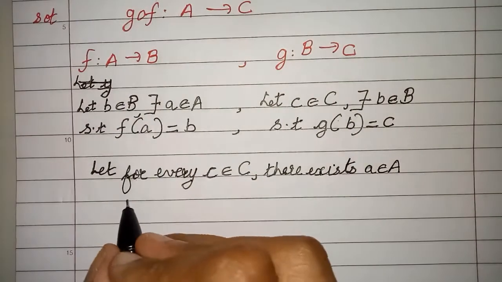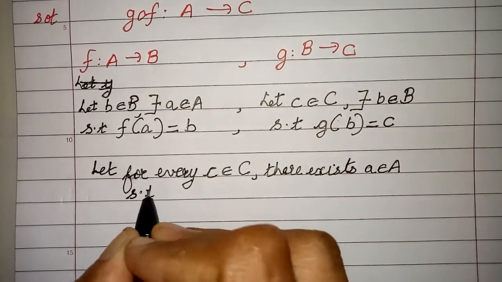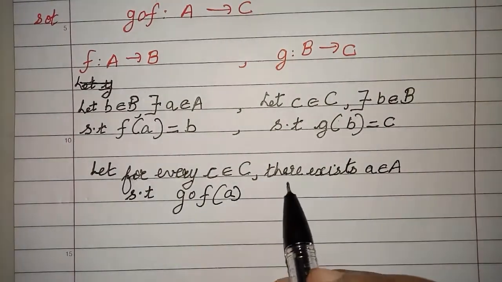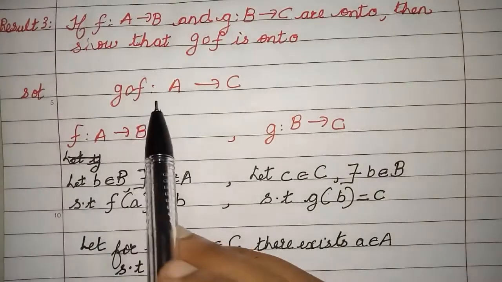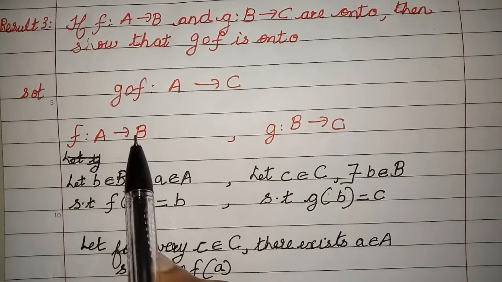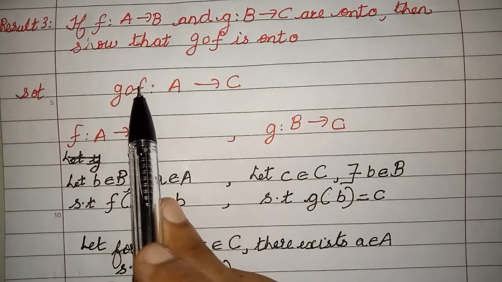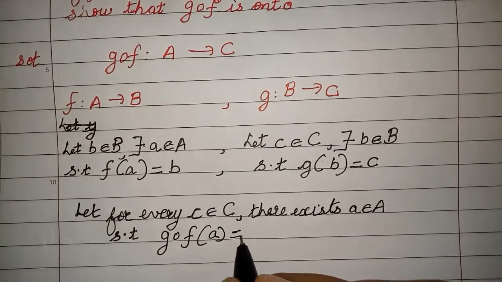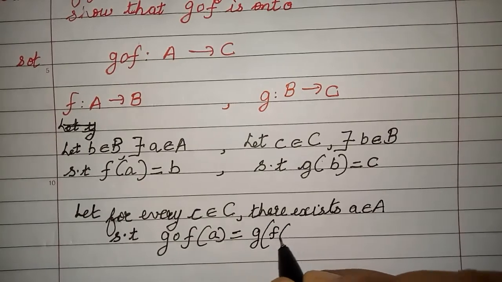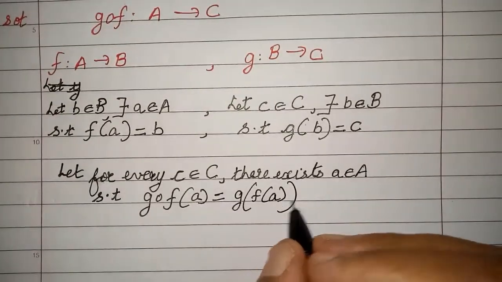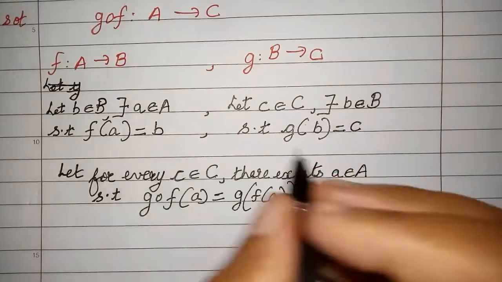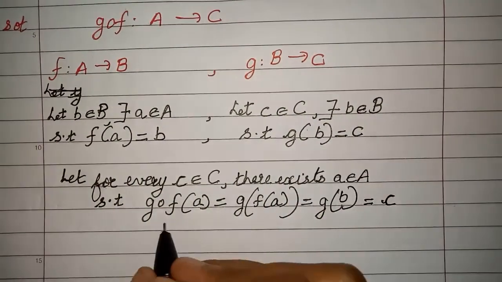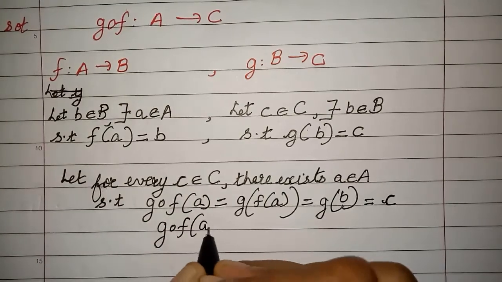Such that g composite f of a, because I want to prove that g of f of a is some c. So g composite f of a will be g of f of a. But what is f of a? Here f of a is given as b, and g of b is nothing but c. So I am able to find some c belonging to C such that its pre-image is there in A.